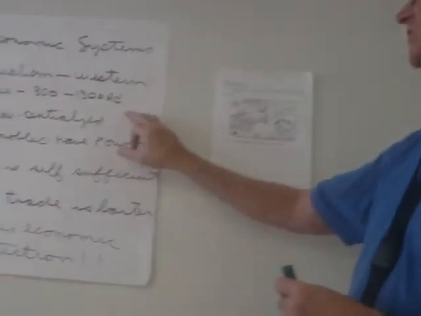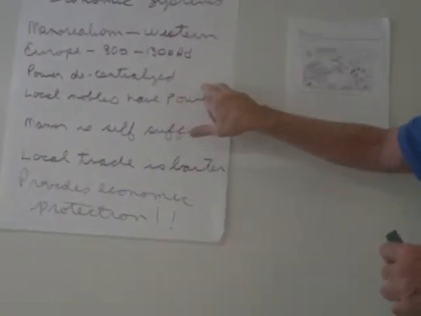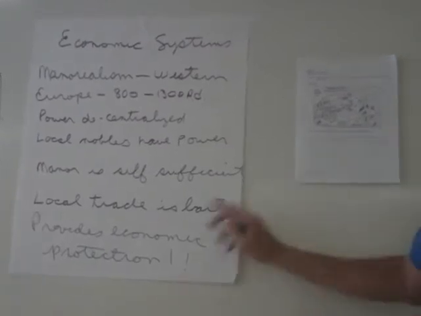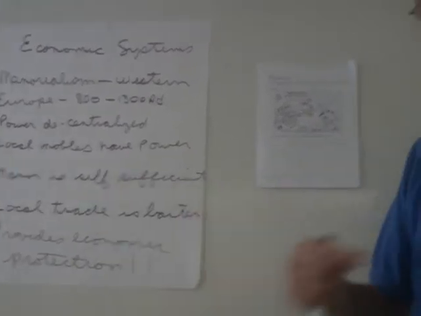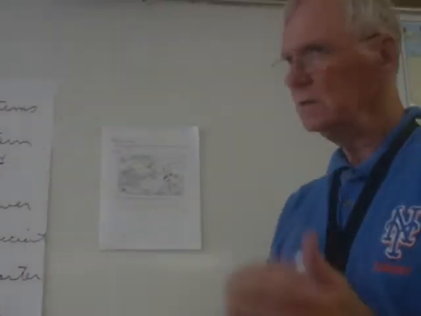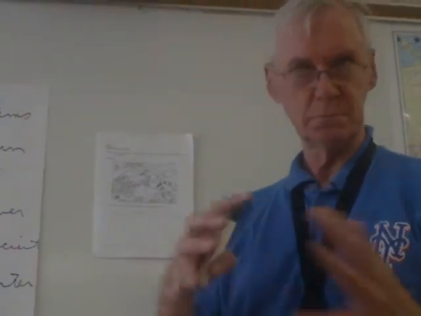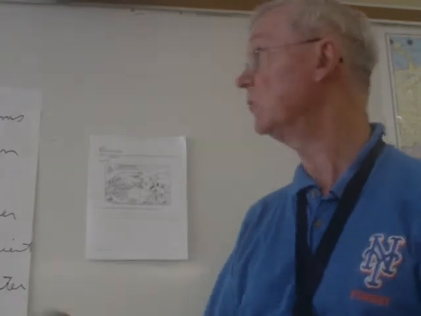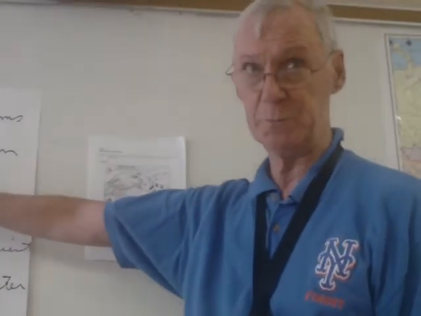So it was self-sufficient, political power was decentralized, local nobles had the power, mostly local trade involving barter, not much trade going outside of the areas. There wasn't much town life because the vast majority of people lived on the manor.